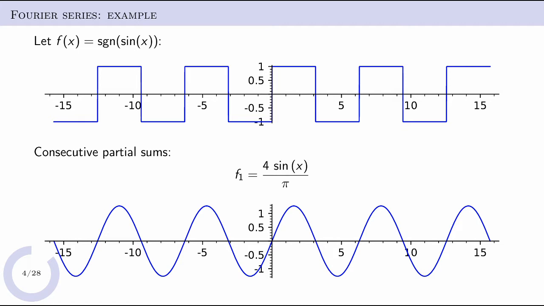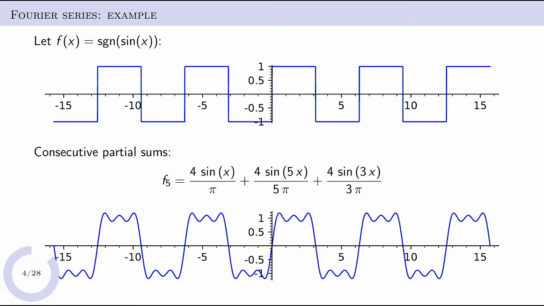However, it has, of course, the same period. Now let us compute the fifth partial sum of this Fourier series. So it's sine x times 4 over pi, then sine of 5x times 4 over 5 pi, and sine of 3x times 4 over 3 pi. As you can see, it to some degree resembles the original function.